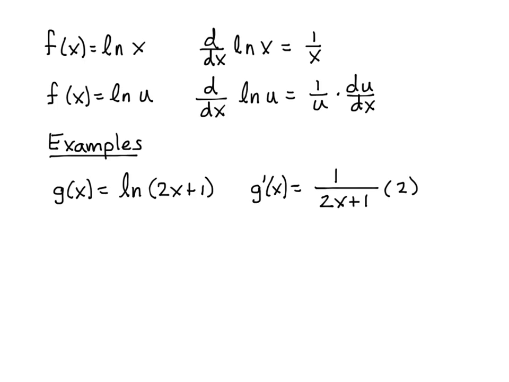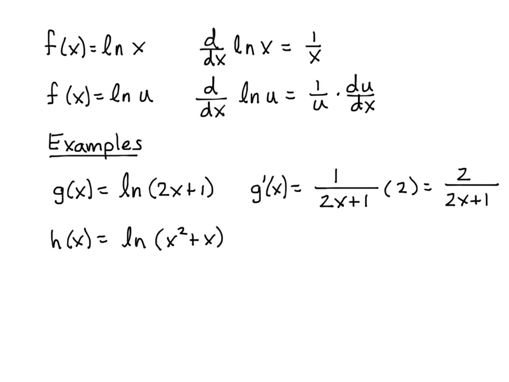The important thing is to remember that it's multiplying by the derivative of u with respect to x. Don't make the mistake of putting that in the denominator. That's actually 2 times that. So when you rewrite it, it's going to be 2 over 2x plus 1.